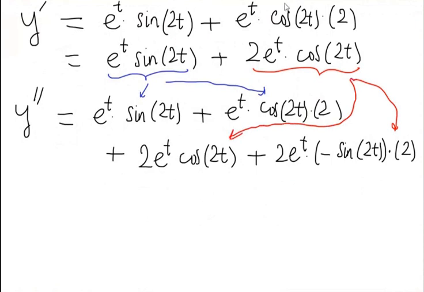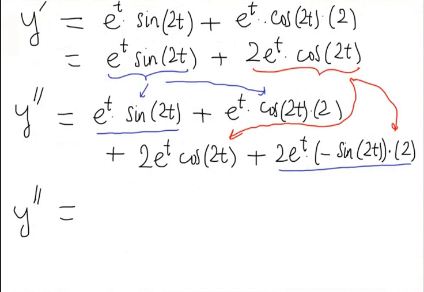Now let us combine like terms. So we have here e to the t sine 2t and this e to the t sine 2t but with the minus sign. We have one factor of one term e to the t sine 2t and this is negative 4 terms.